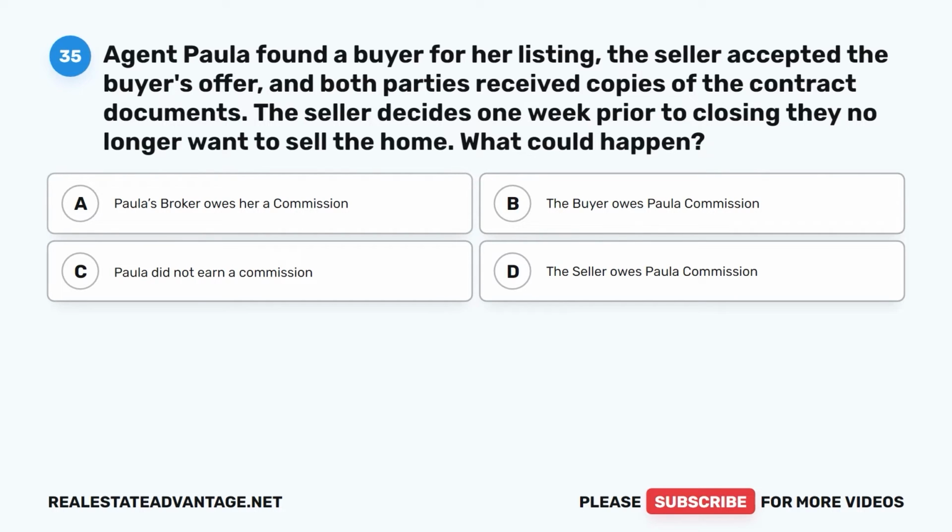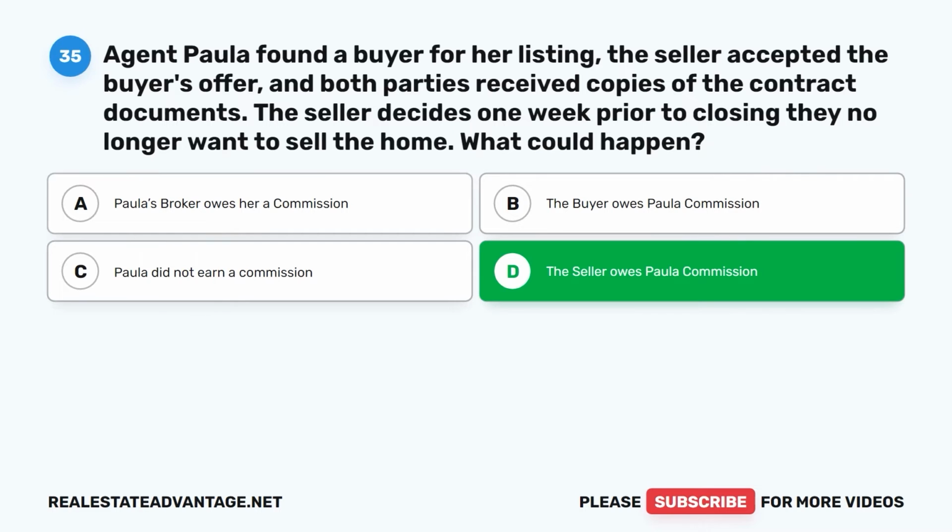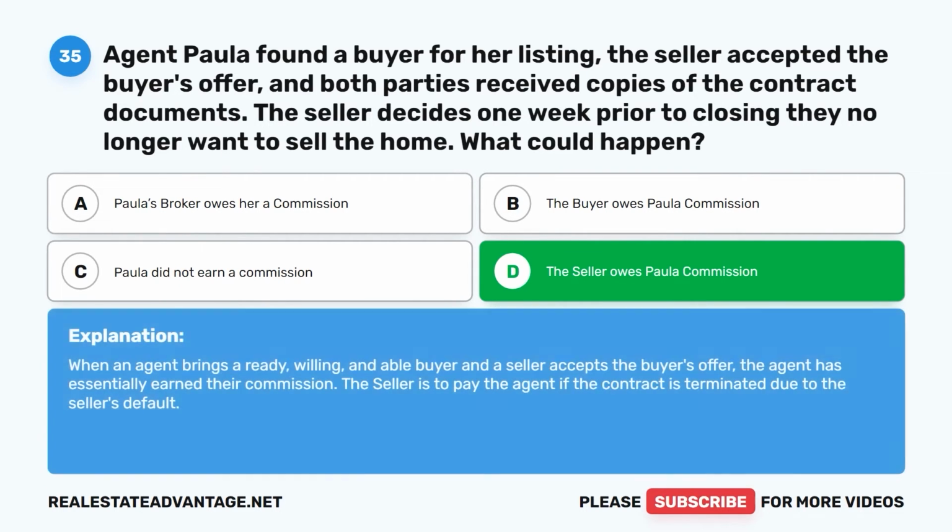C. Paula did not earn a commission. D. The seller owes Paula commission. The correct answer is D. The seller owes Paula commission. When an agent brings a ready, willing, and able buyer, and a seller accepts the buyer's offer, the agent has essentially earned their commission. The seller is to pay the agent if the contract is terminated due to the seller's default.